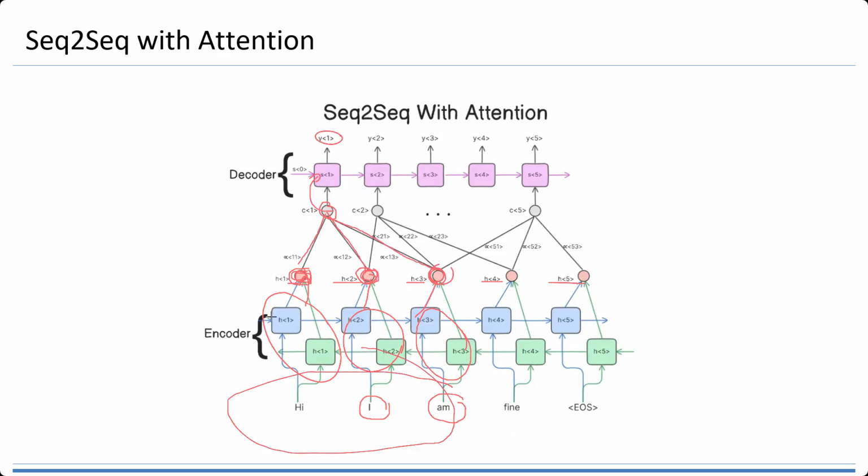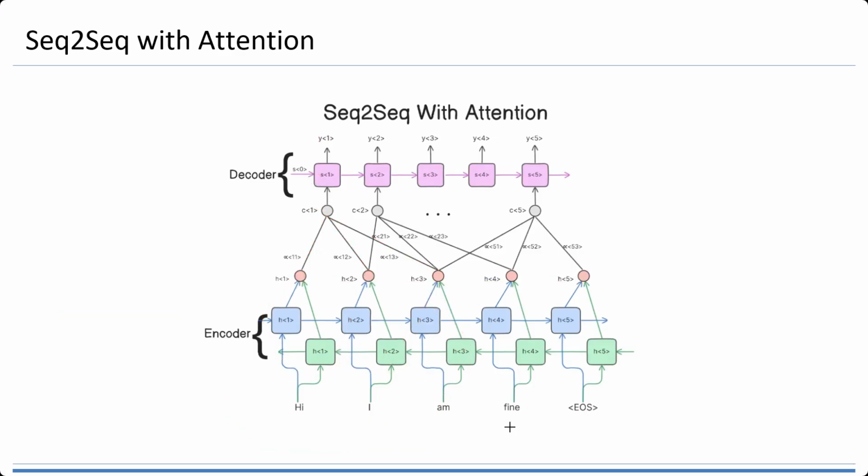For example, "I am fine": I will produce a hidden state, am will produce a hidden state, and fine will produce a hidden state. Every hidden state produced here will be considered to check the output on the second word.